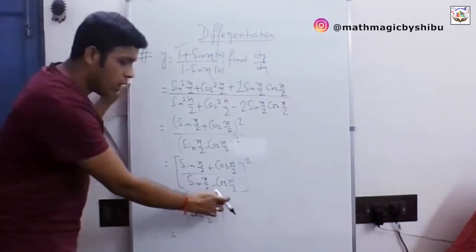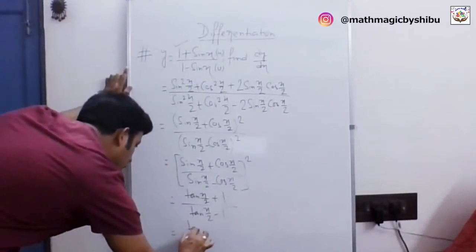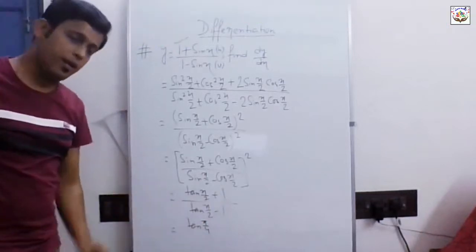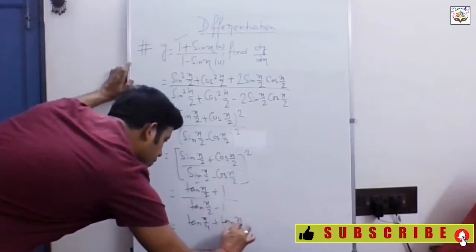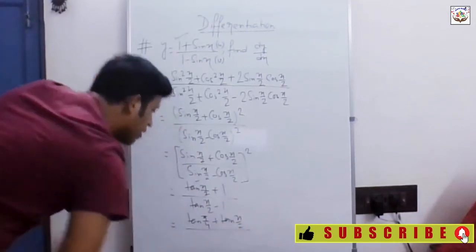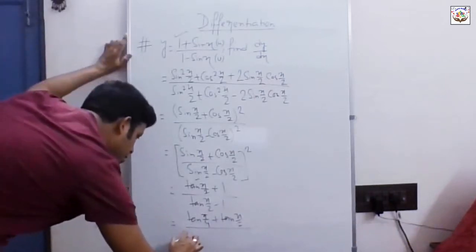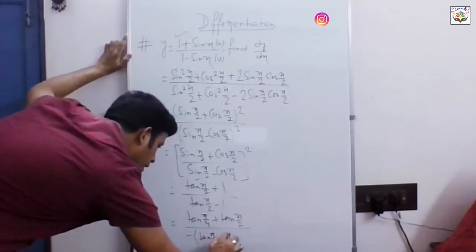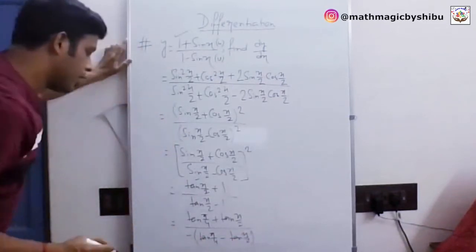Can I represent 1 as tan pi/4? Like I am putting tan pi/4 because tan 45 degrees is 1, and keeping this tan x/2 next. Okay. Similarly, I am taking minus as common, so for 1 I am writing tan pi/4 and I am writing tan x/2 there. Okay.